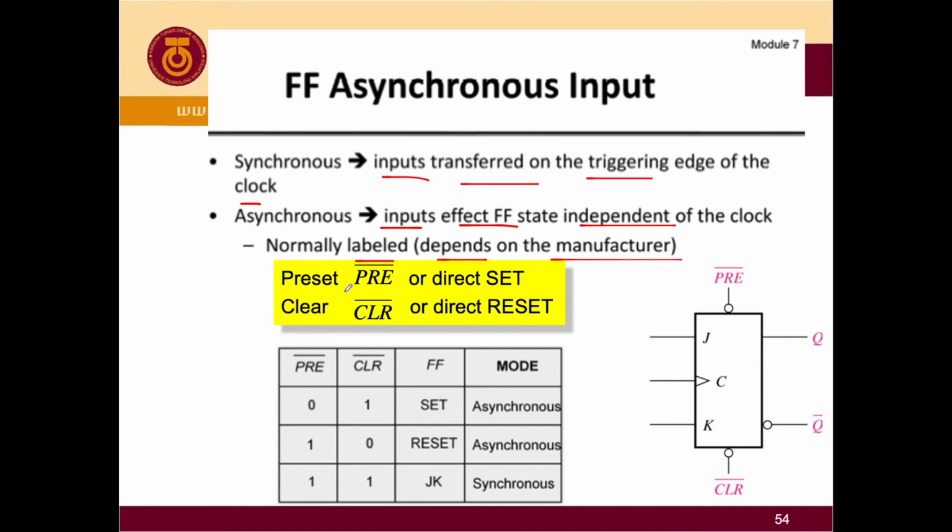So there is a difference, which is preset and also clear. You can see over here. And this is your flip-flop, and you need to know the modes. So this is where you're going to add your preset and clear.